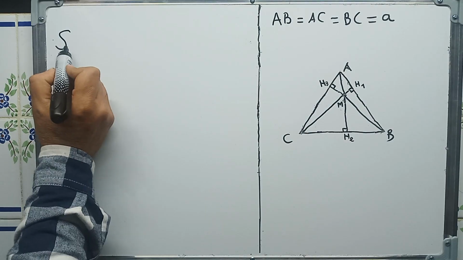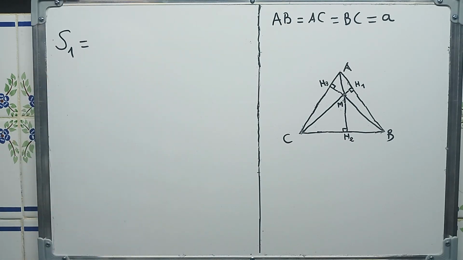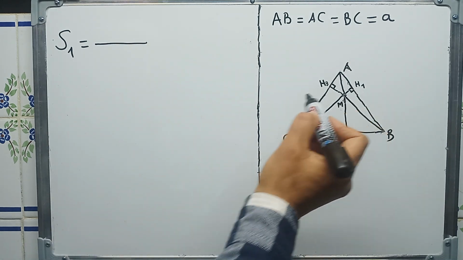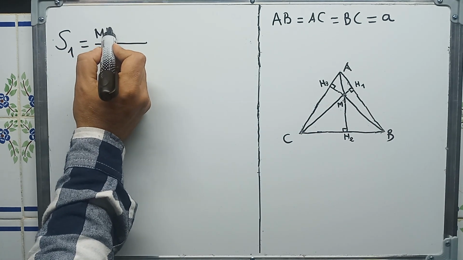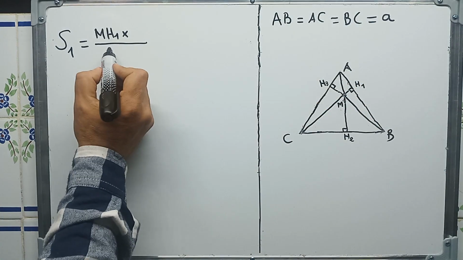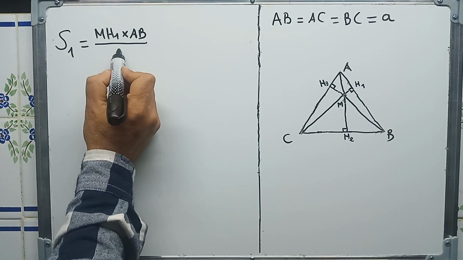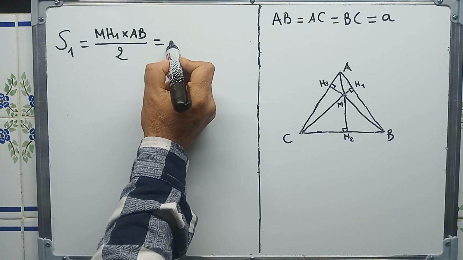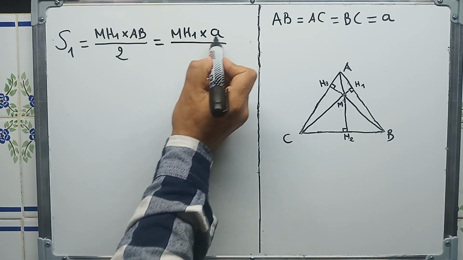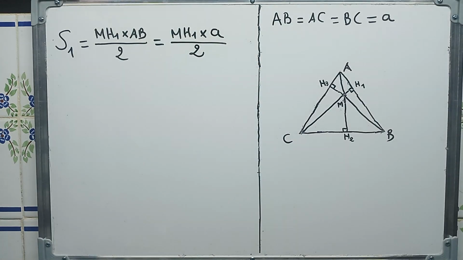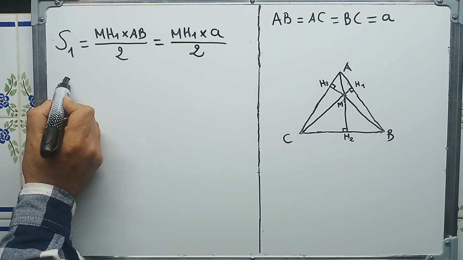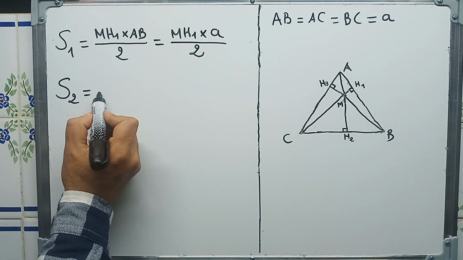The area S1 of the triangle MAB is equal to the altitude MH1 times the base AB divided by 2, which is of course MH1 times A divided by 2.